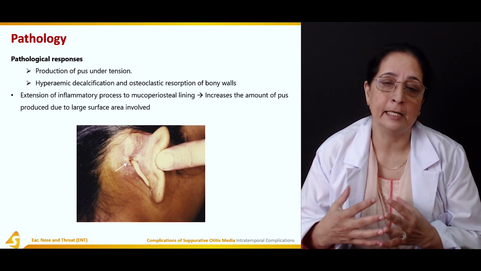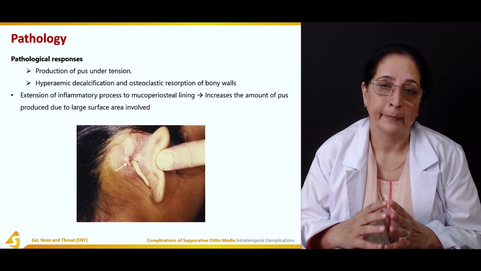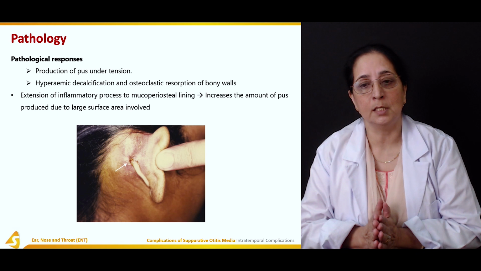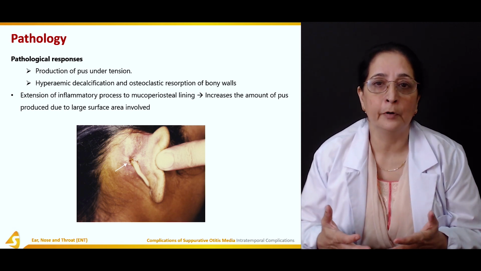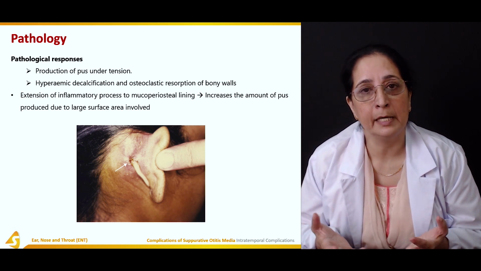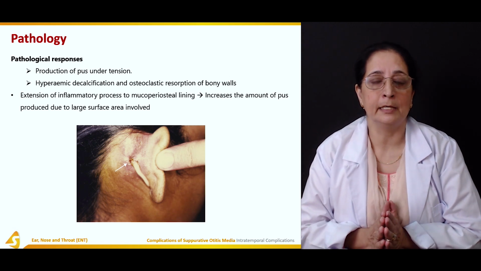When the infection spreads to the mucoperiosteal lining, there is more production of pus due to involvement of a big area.